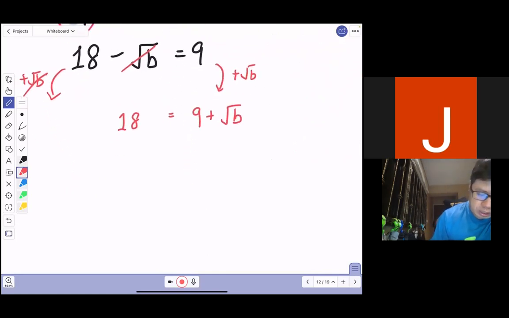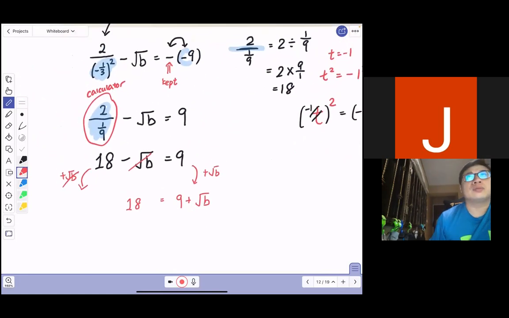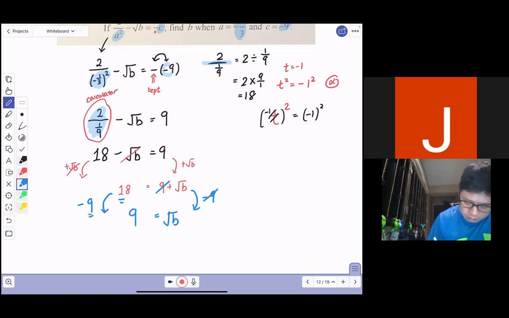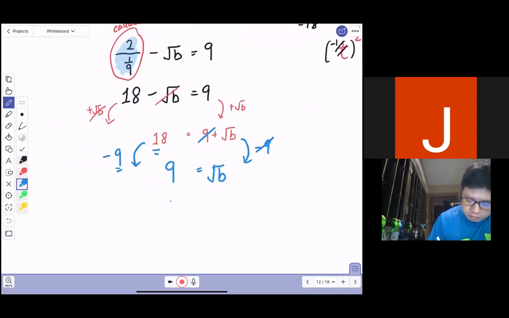After which, I want the square root b to be alone, so minus 9 on both sides. 9 cancels off, this is square root b. 18 minus 9 will give me a 9. Again, I want to write the variable on the left-hand side as well: 9 equals square root b means square root b equals 9.